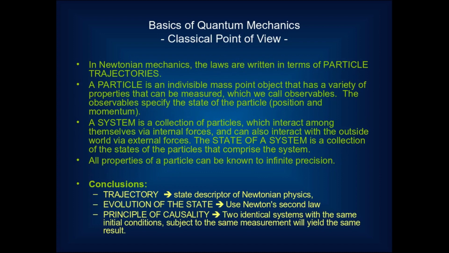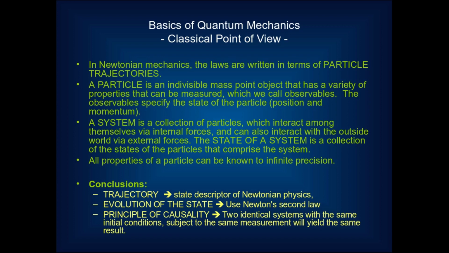From the classical point of view, in Newtonian mechanics, the laws are written in terms of particle trajectories. A particle is an individual mass point object that has a variety of properties that can be measured, which we call observables. The observables specify the state of a particle: position and momentum.